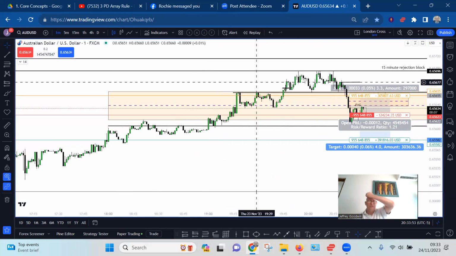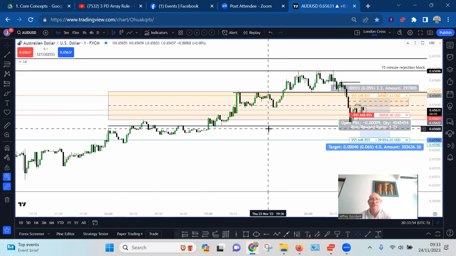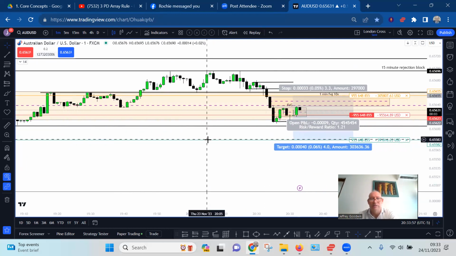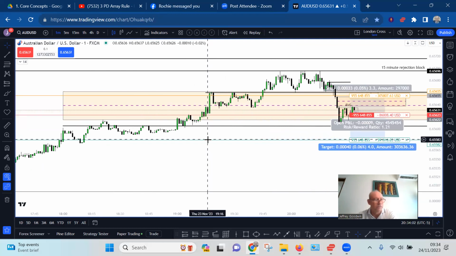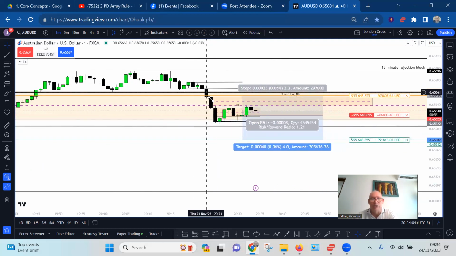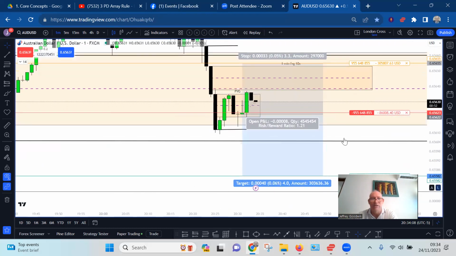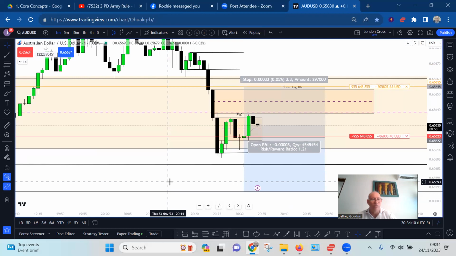You can see here we have consolidation above here. Manipulation before the main move going the opposite way. Sometimes that happens, nothing we can do about it.